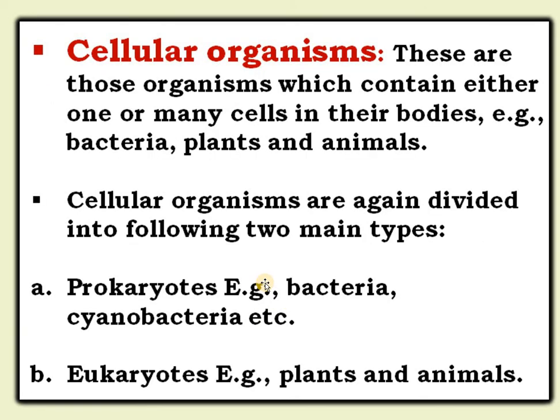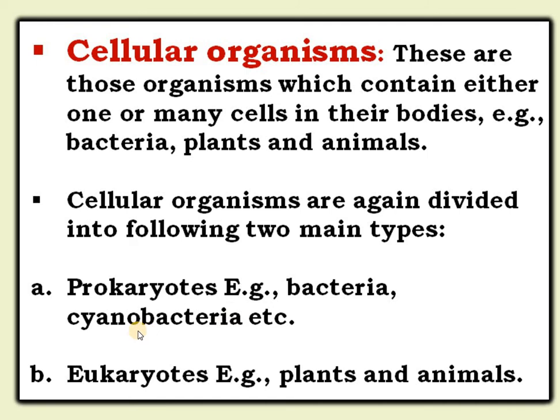Then we talk about the cellular organisms. These are those organisms which contain either one or many cells in their bodies. We have the bacteria, the plants, animals, any kind of organism that has a cell. Cellular organisms can be of two types, mainly the prokaryotes and the eukaryotes.